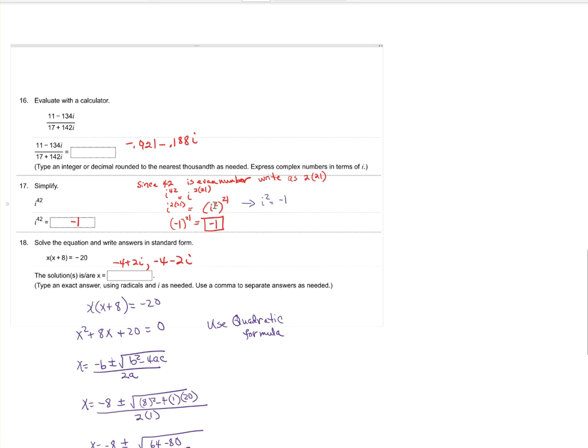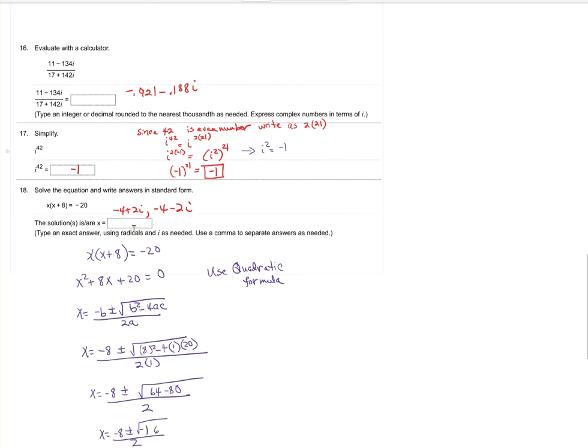Well, i squared, remember the very first thing we looked at in the notes, i squared was negative 1. So negative 1 to the 21st, that's an odd number, so it'll still be a negative 1. If it were a positive number that we ended up here, then it would be a positive 1. So keep that in mind for those.